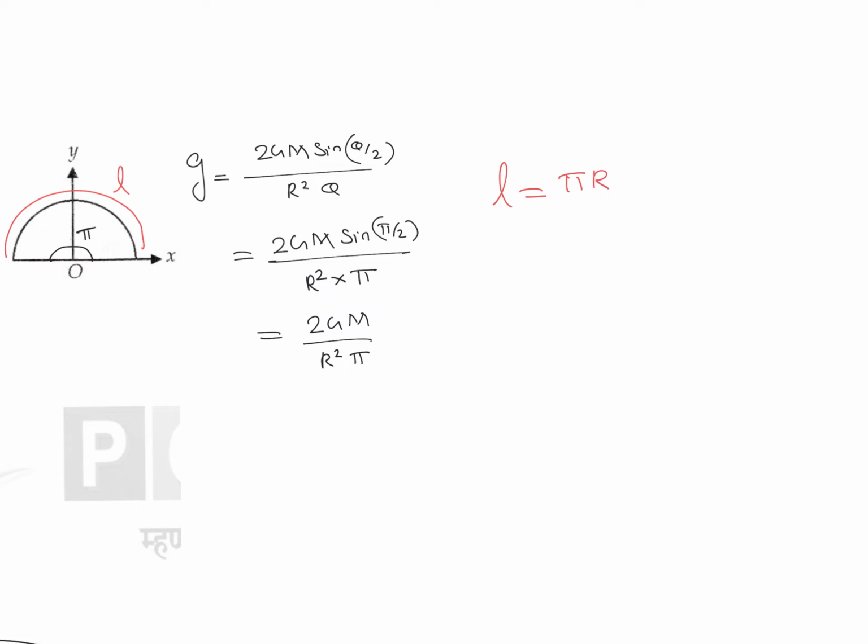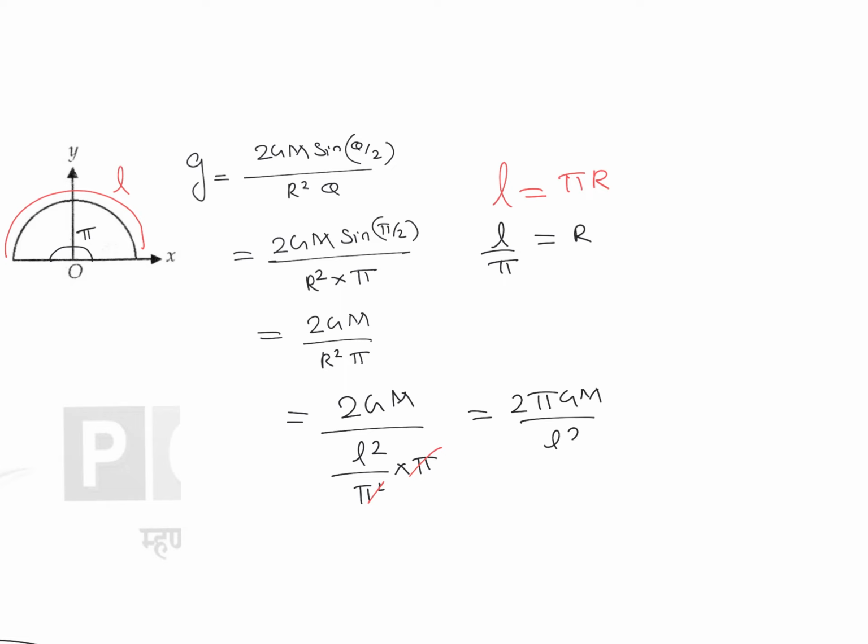So from here you can write the value of r as L divided by pi. So we can write 2Gm divided by r square as L square divided by pi square into pi. So this pi and this pi get cancelled, and we can write 2 pi Gm divided by L square.